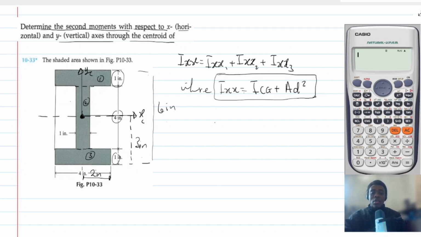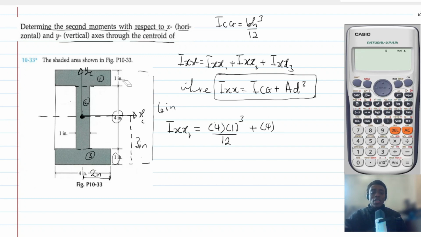From the first area, we have Ixx1 about the centroidal axis. About the centroidal axis, the formula is given by bh cubed over 12. So 4 multiplied by 1 cubed divided by 12, plus the area, which is 4, multiplied by d squared.